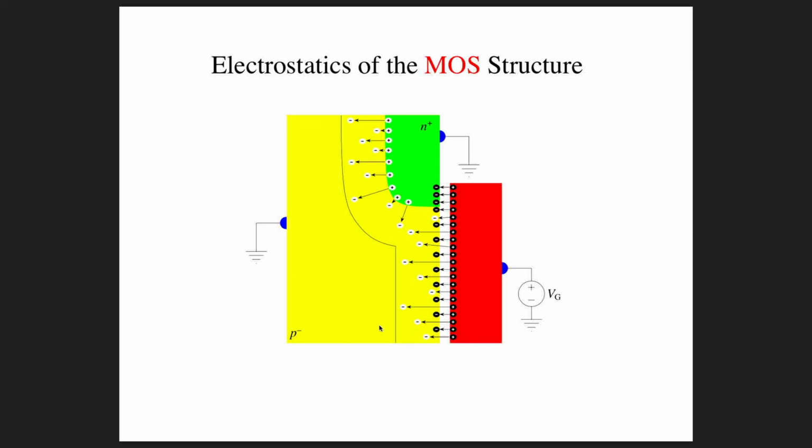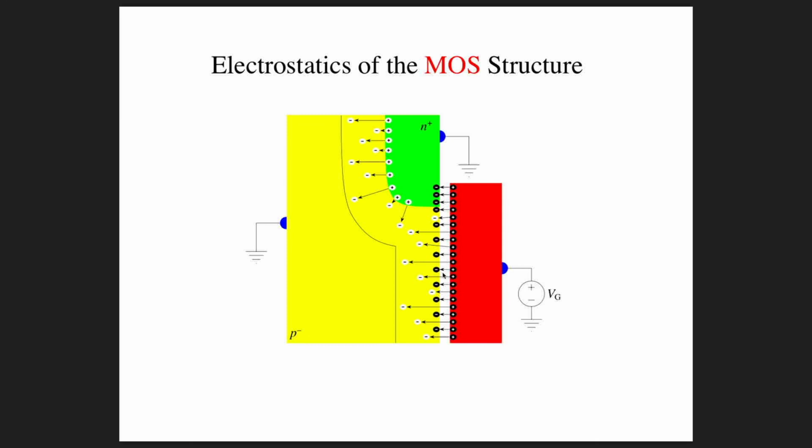And so we say that there's been, due to this field from the gate charges, an inversion of the type of mobile carriers. And so this is sometimes called the inversion layer. Right here at the surface is basically a 2D sheet of mobile charges that counterbalance the charges on the gate that we've put on in excess of the threshold voltage.